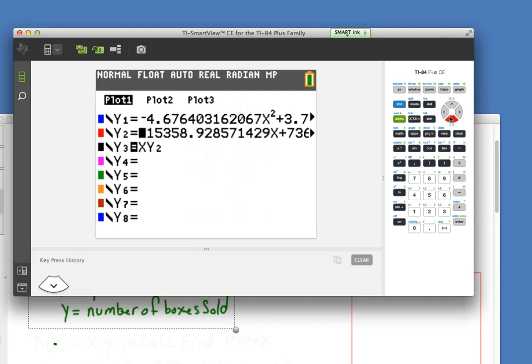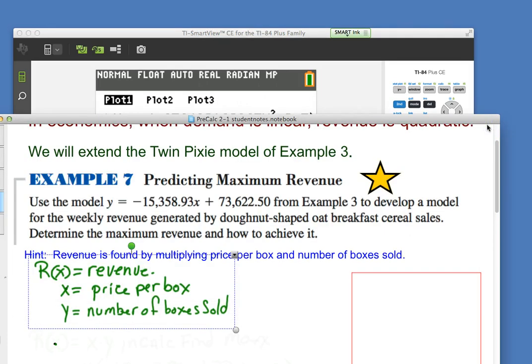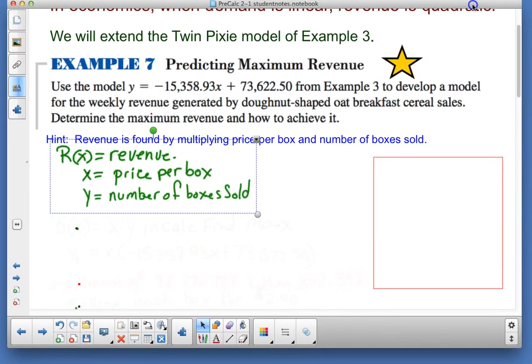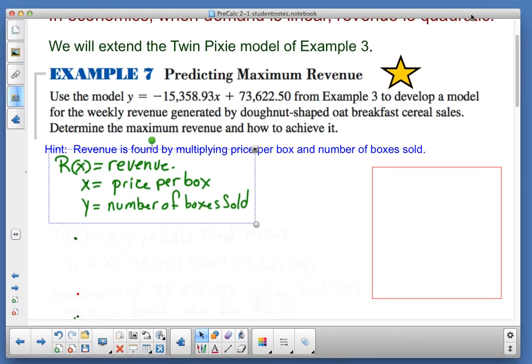And now I took my Y2 that's sitting here, and in Y3 I'm going to multiply that Y2 by X. Y2 is going to return certain data, and we're going to talk about why before I start flashing that in my calculator.